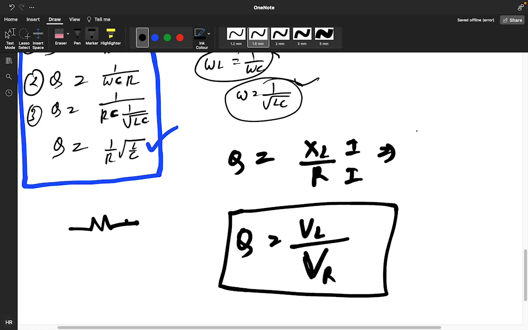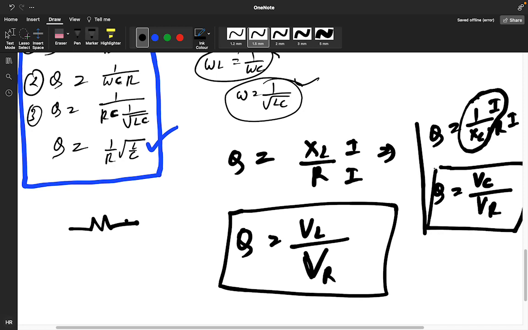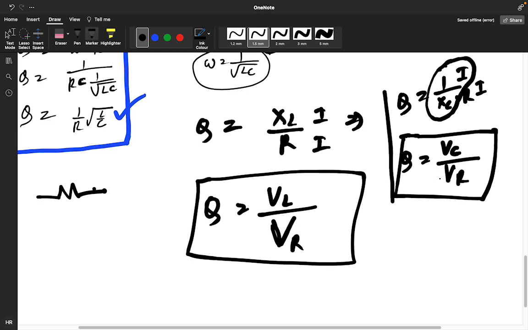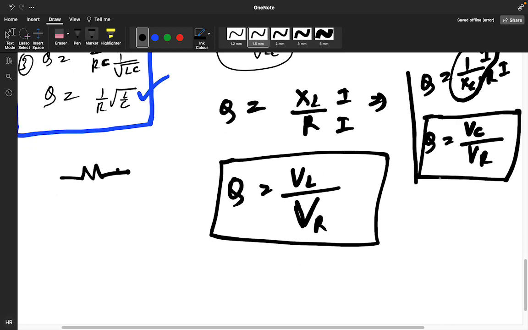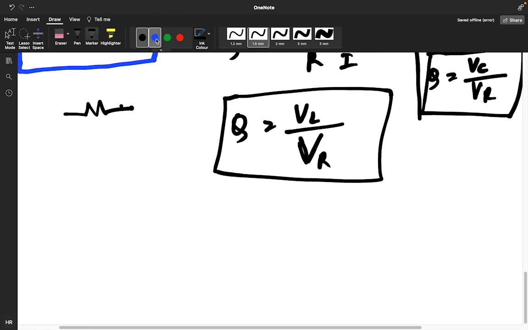You can do the same thing also: Q is equal to XC downside and R, multiply I upside and downside. I into 1 by XC will give you the VC value, and I into R is the VR value. So this will also give you the quality factor. It's up to you how you want to get the quality factor.